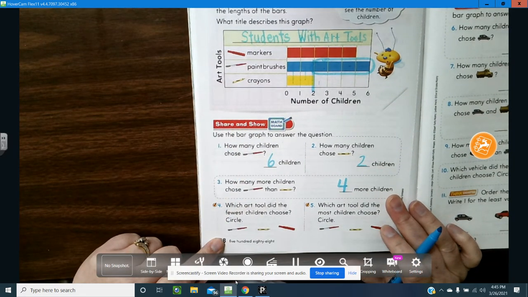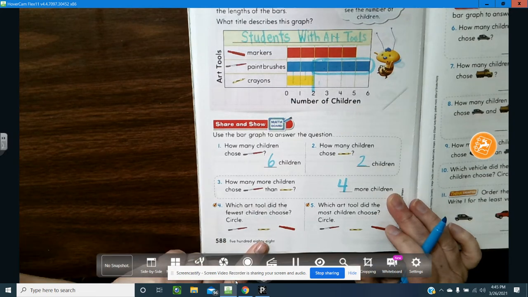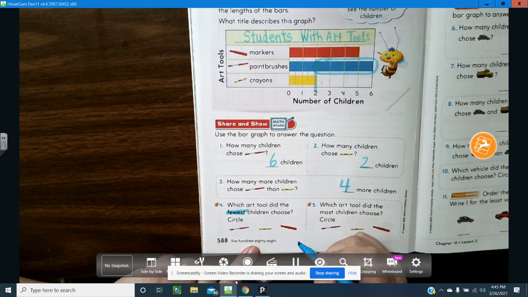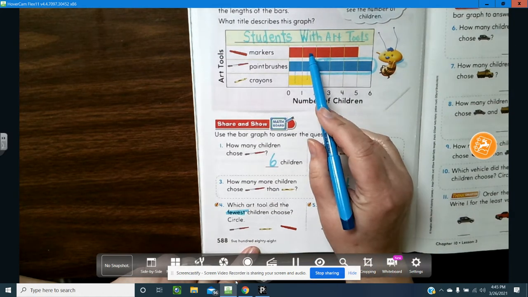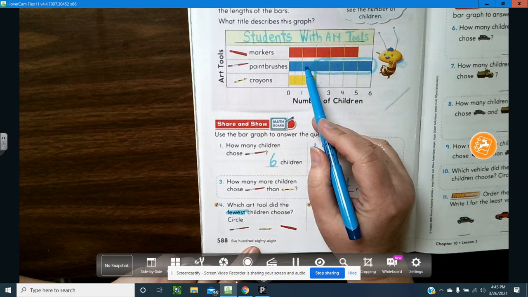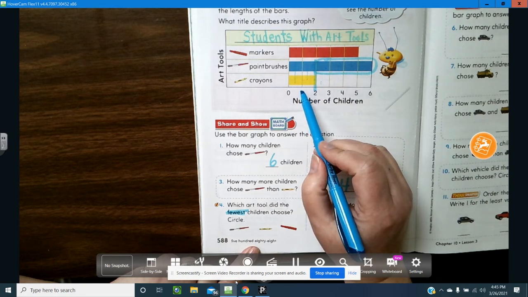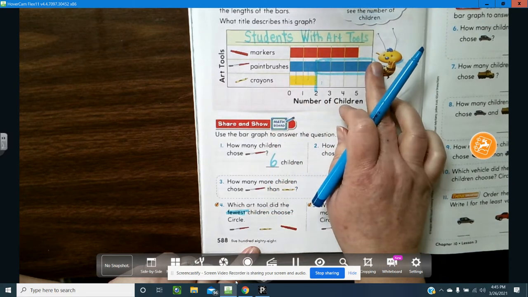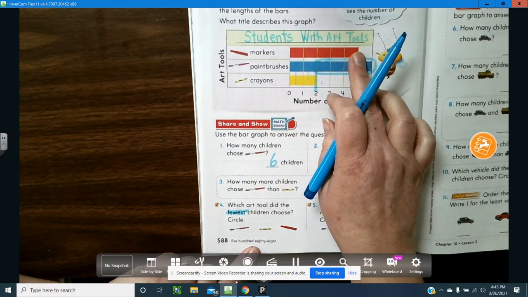Number 4 says, which art tool did the fewest children choose? I know that the fewest means the very smallest number. Was it the markers? Was it the paintbrushes? Or was it the crayons? Well, I can look real quickly and see this bar goes way out here, and this bar is just a little back.